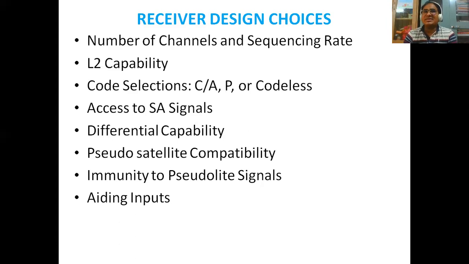So these are the receiver design choices. How many are there? 1, 2, 3, 4, 5, 6, 7, 8 receiver design choices. This is a very, very important question. Please prepare it thoroughly for the external examinations.